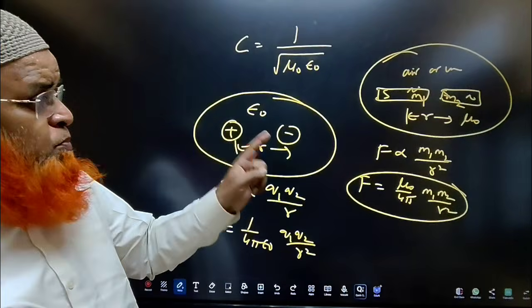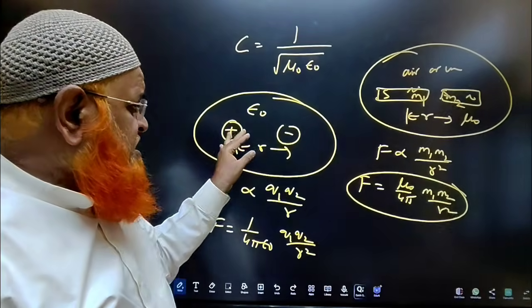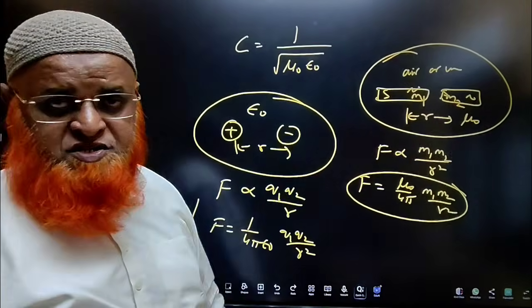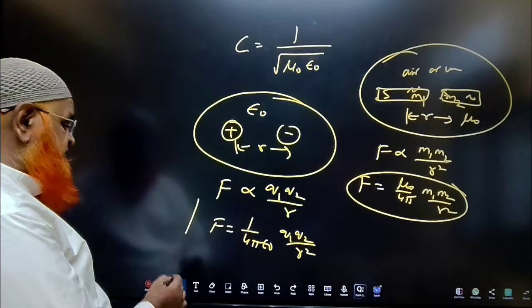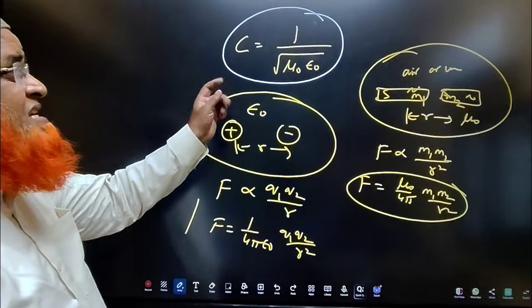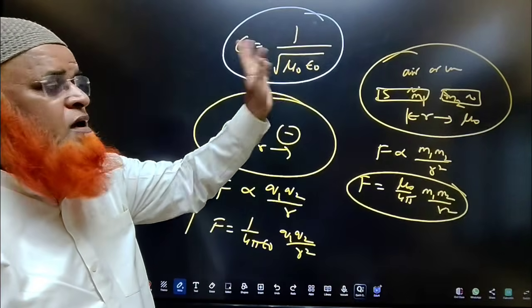So understood what I am saying now? Both epsilon naught and mu naught are for air or vacuum. The velocity of light is given by the letter c, which is c equal to 1 by square root of mu naught epsilon naught.